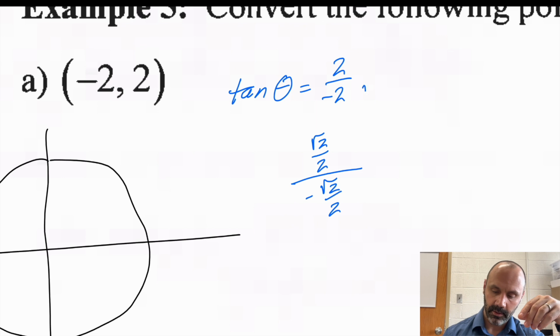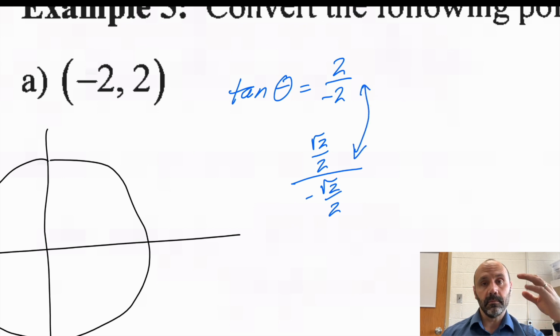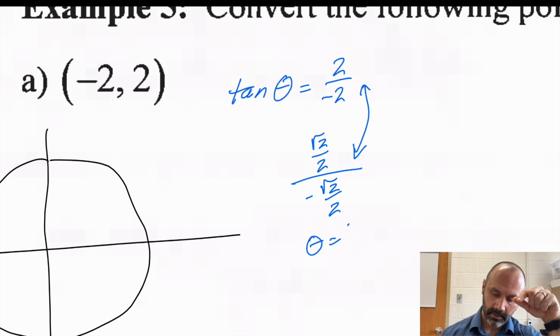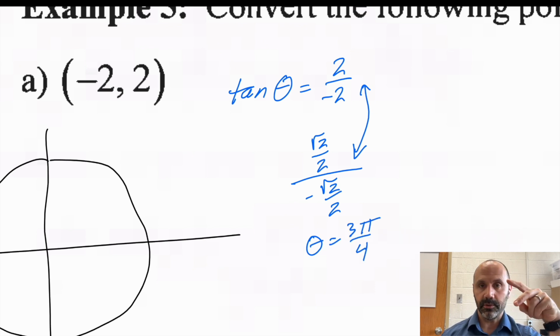So these are equivalent to each other here. The angle that I'm dealing with is 3 pi over 4. Okay, so theta is 3 pi over 4. If I'm in the fourth quadrant, that also gives me a negative on tangent. But I know this is where this point should be.